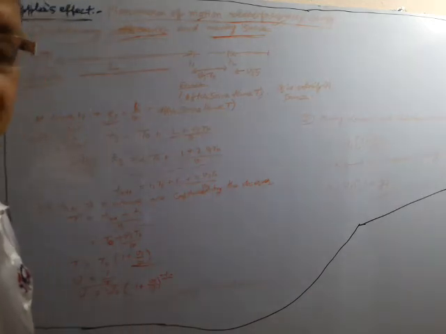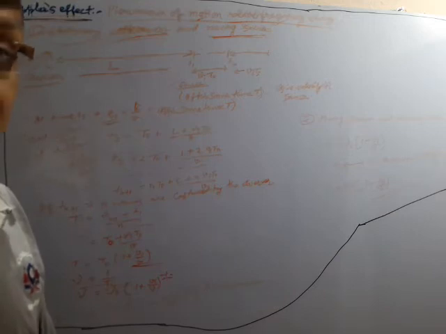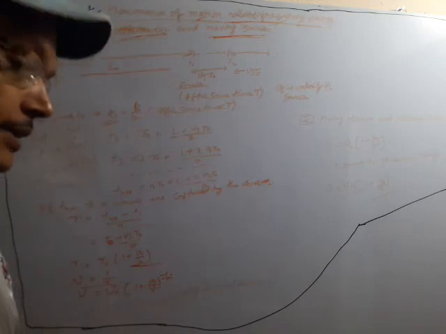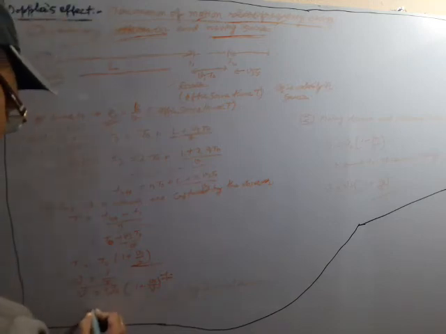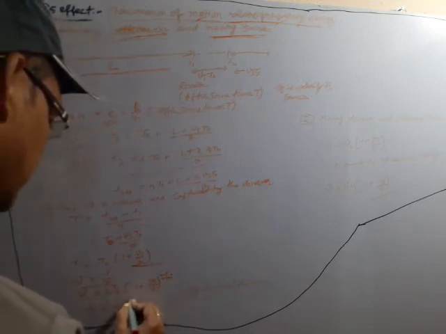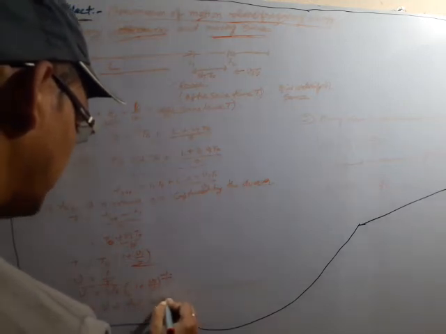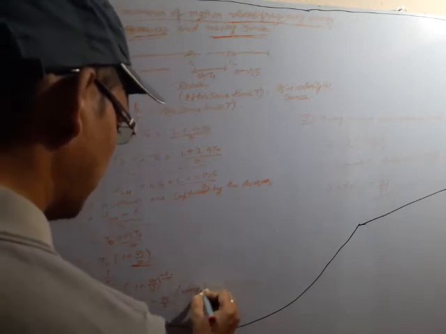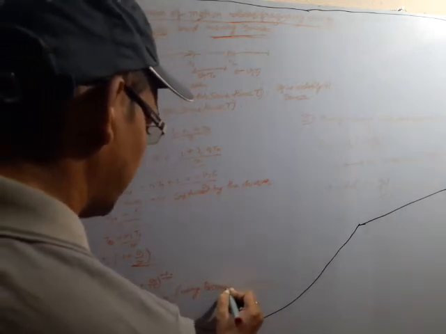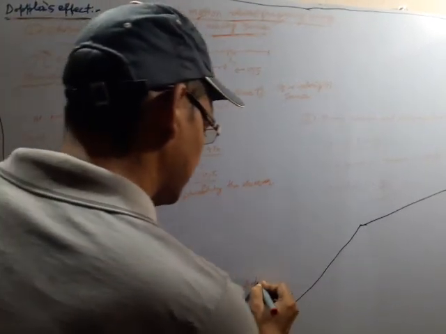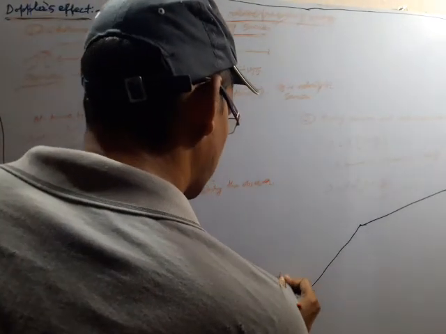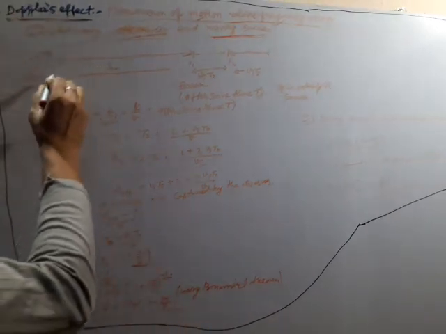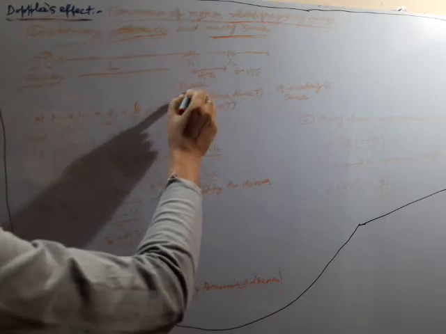If there is an expression and the power is minus 1, there is only one way to handle it, and that is the binomial theorem. So nu is equal to nu 0 times (1 minus Vs by V) using the binomial theorem. I hope you can obtain the expression if the observer is at rest and the source is moving.